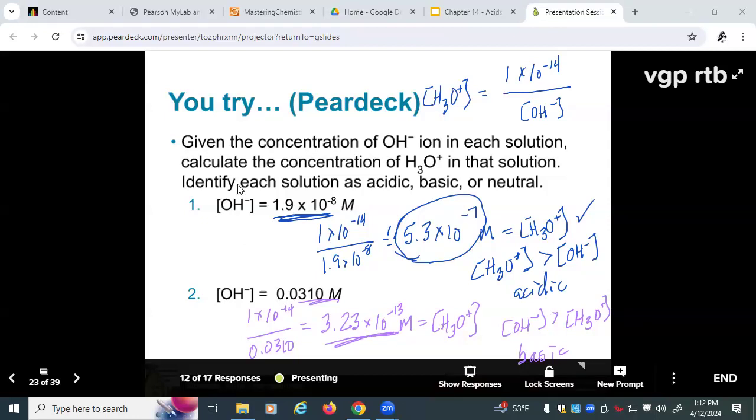All right, any questions with this example?